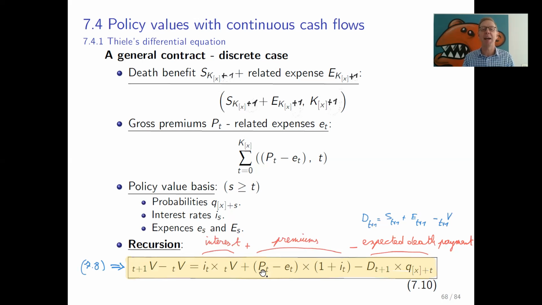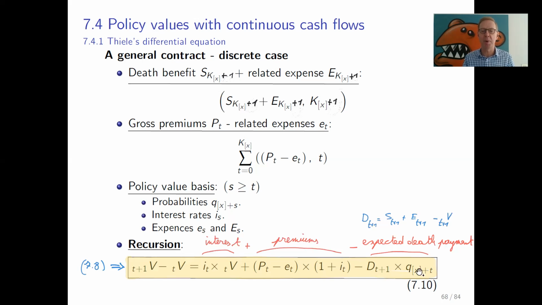Second part, at time t, there is a premium payment and it costs an expense E_t. So the policy value also increases by P_t minus E_t, but because this is paid at the beginning of the year, accumulated by interest. So that's the premium part.